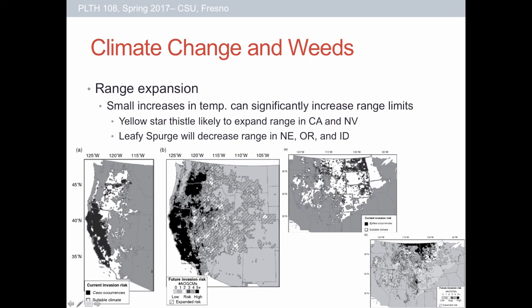And we don't see any of those diagonal stripes that would be new areas opened up to the weed. So under this model of climate change, leafy spurge actually reduces its range. A lot less of the habitat is suitable to it, primarily because it's expected to be a fair bit drier in these regions. So for some weeds, we're expecting this range expansion, but depending on the individual conditions in the areas, we might see contractions.